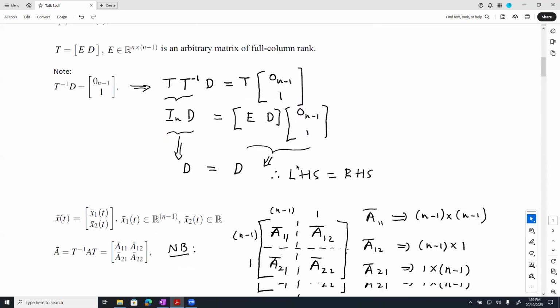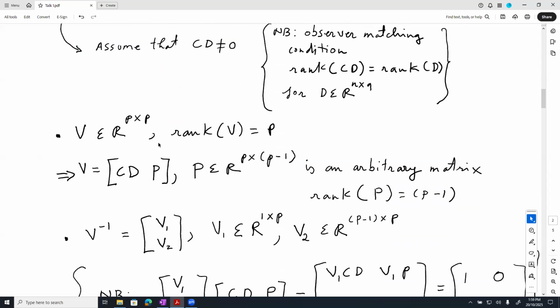So if we consider a matrix V, which is square and invertible, and V takes the following form, where we have C times D, which is matrix C times matrix D. This is a single column, and therefore matrix P here is a column matrix with dimension P by P minus 1.